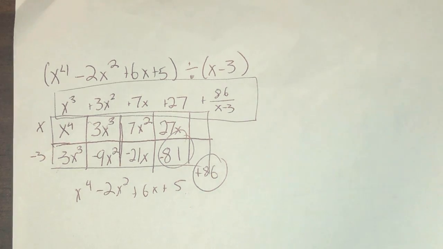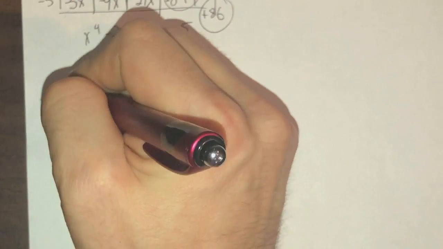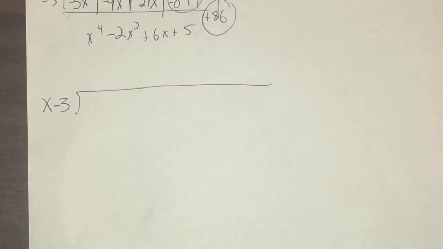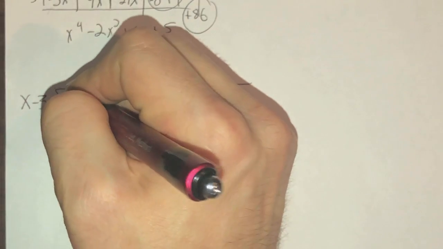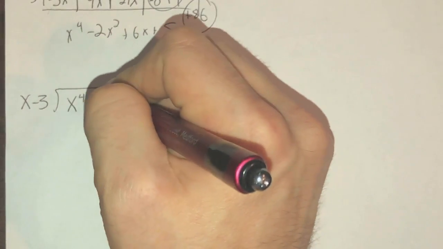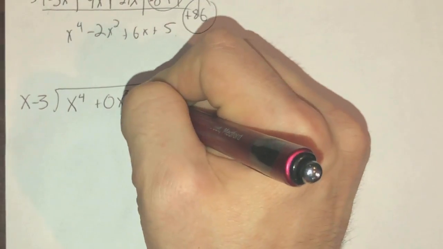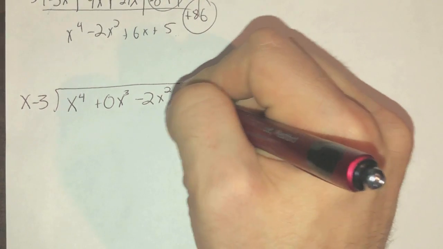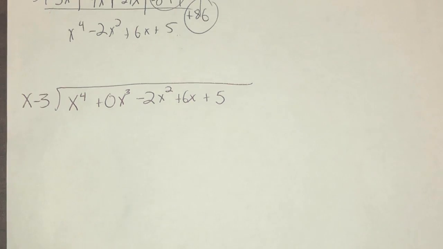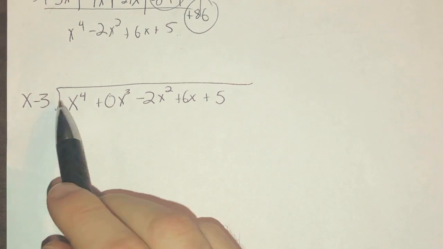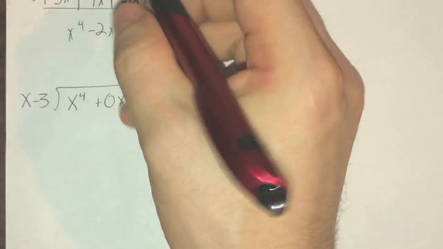All right, one last method, long division. For those of you who did long division, remembering with your long division, you want to write in your zero coefficients. So x to the fourth plus 0x cubed minus 2x squared plus 6x plus 5. Okay, so I do leading term. What times x is x to the fourth?